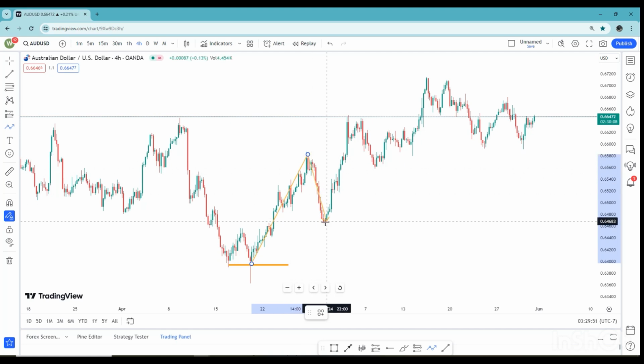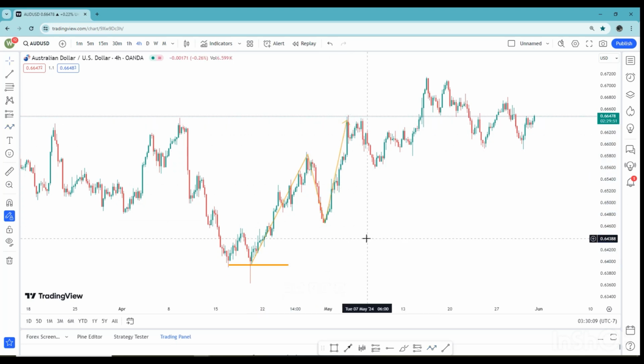Since this pullback didn't break this one here, and the pullback ended here and continued this way, we already know that the market is on an uptrend.